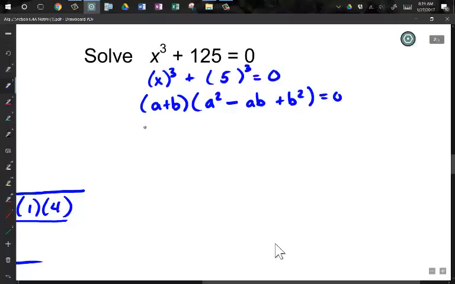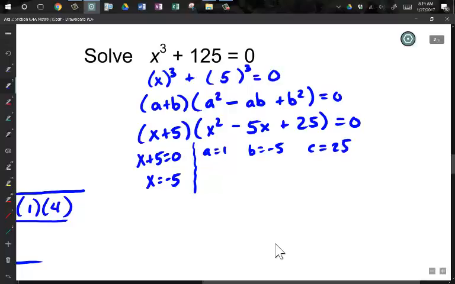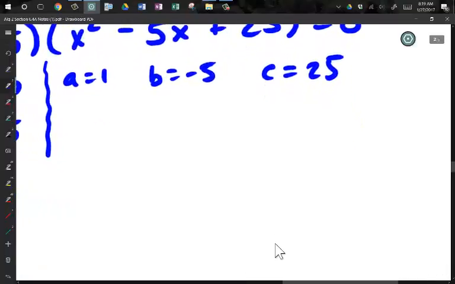So let's fill them in. X plus 5, x squared minus 5x plus 25 equals 0. The first one's super simple to solve. X plus 5 equals 0, x equals negative 5. A equals 1, B equals negative 5, C equals 25. I know some people like it when I write those out for the quadratic formula.